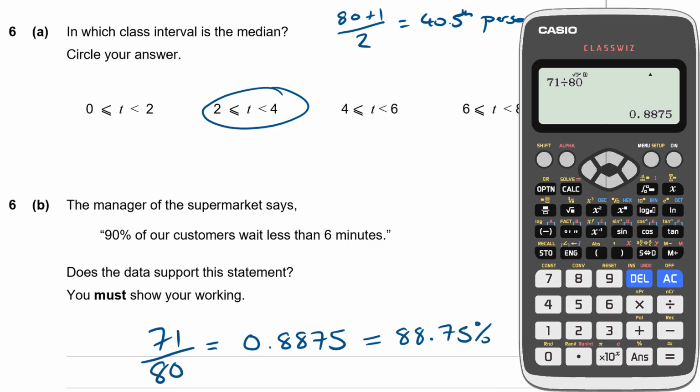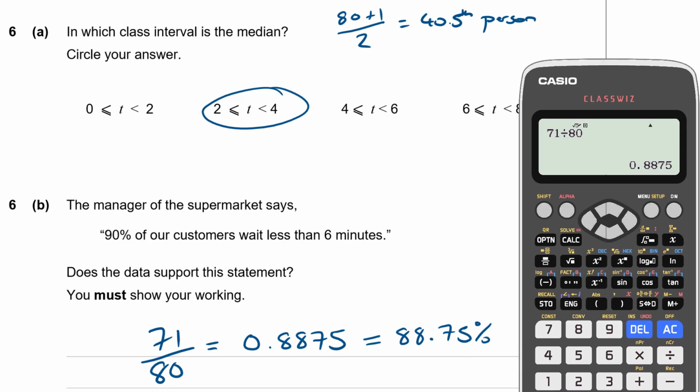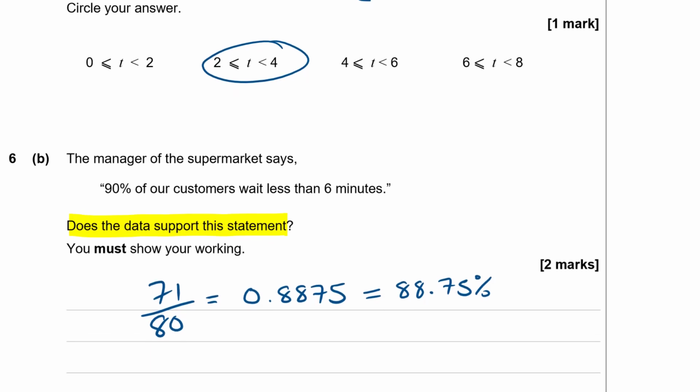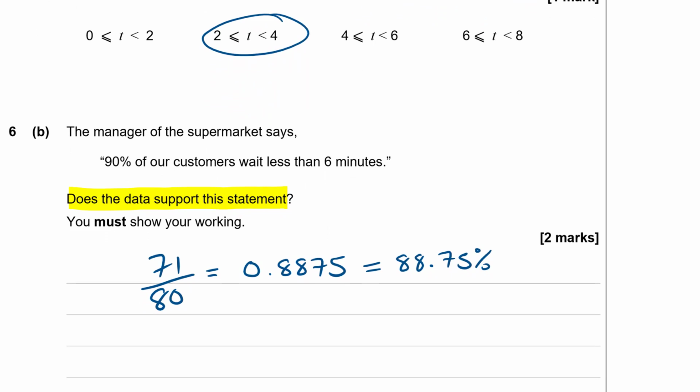Now the question didn't actually ask us to work out the percentage, although we do need to show our method. It asked, does the data support the statement? So having looked at our result, can we say that the manager was correct in his statement? Now actually the mark scheme gives you credit if you say yes or no here, depending on what you say.